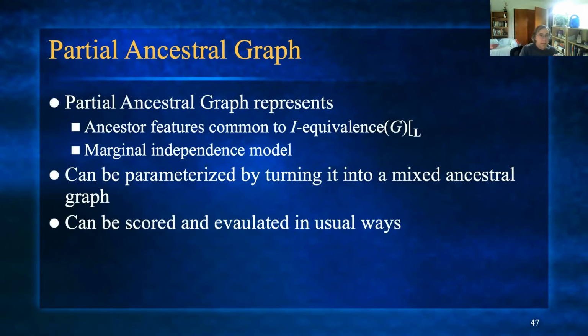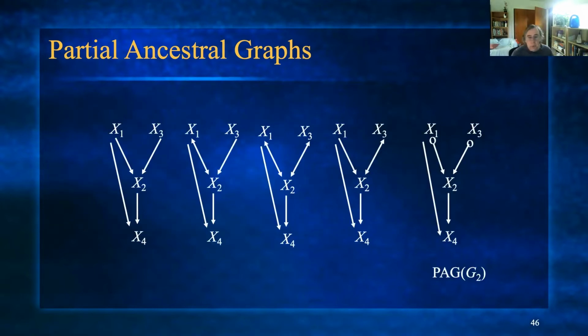Okay, it turns out that, how do you parameterize a graph like this? That is, how do I assign parameters to the graph which would enable me to tell you what the probability distribution associated with the graph is? It turns out that in the Gaussian case, that's quite simple.